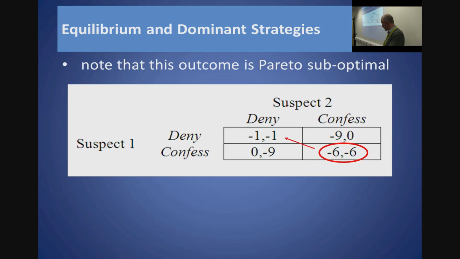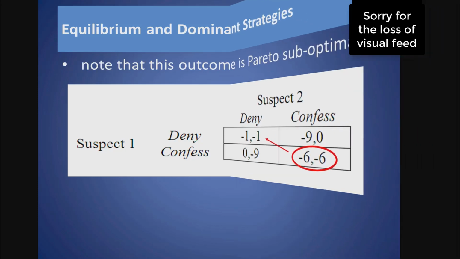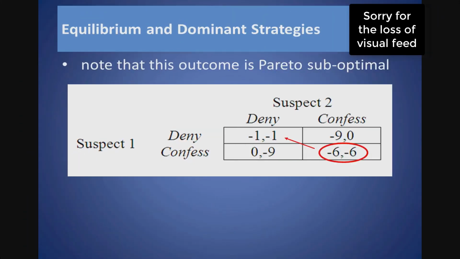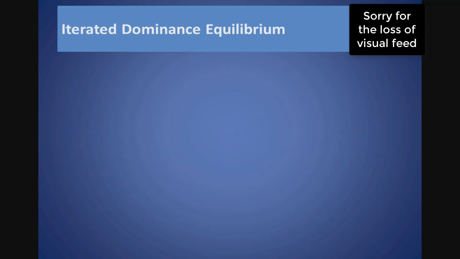And hence, it means that that outcome there, our most plausible outcome, isn't Pareto efficient. It must be Pareto suboptimal. So, that then is a prisoner's dilemma, and how we'd solve it using that very, very simple principle.